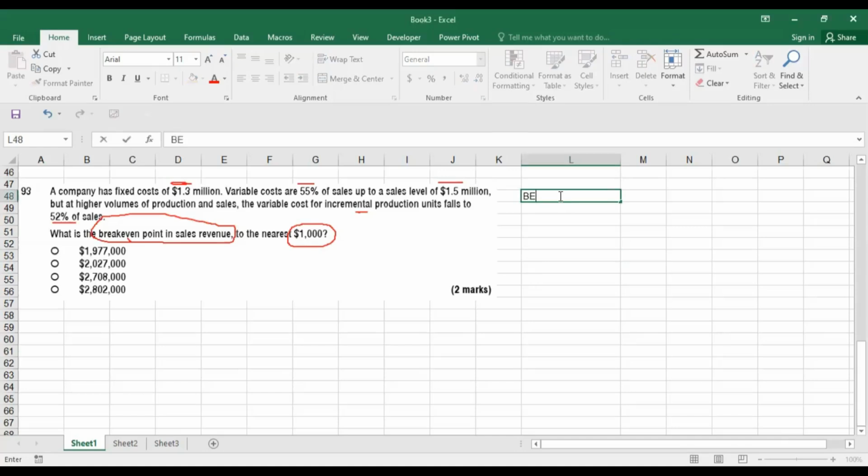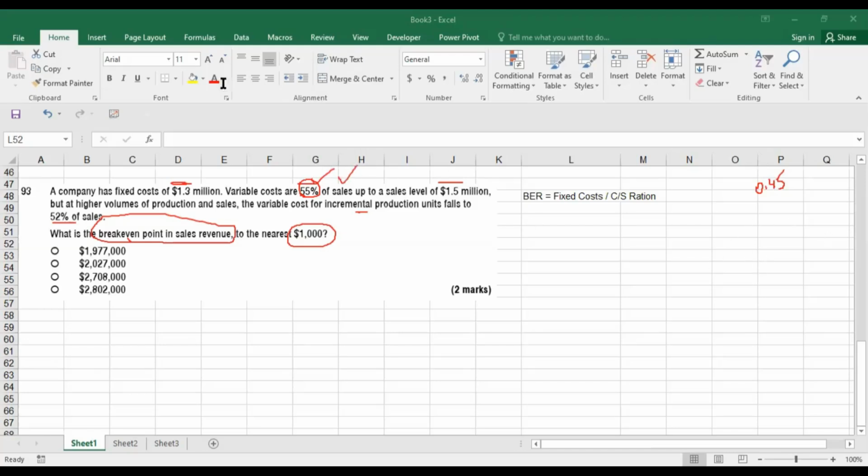The usual formula is break-even revenue equals fixed costs divided by your CS ratio, and the CS ratio is the contribution to sales ratio. If my variable cost is 55%, my CS ratio is 0.45, because my contribution is 45%.